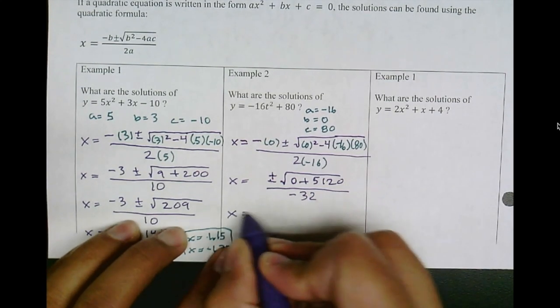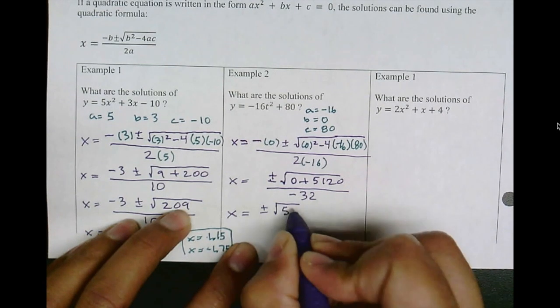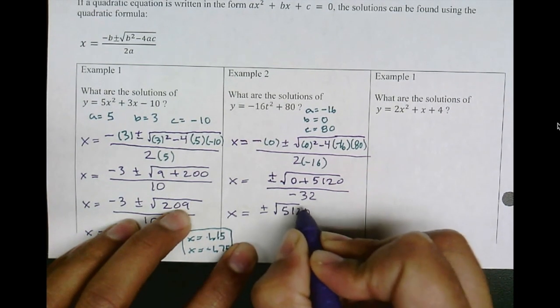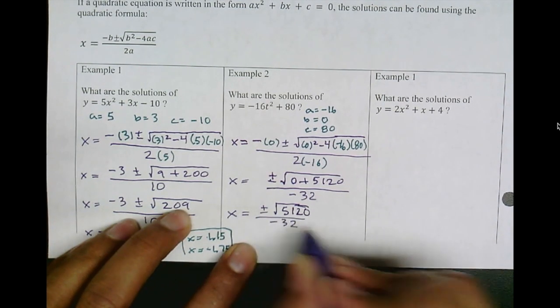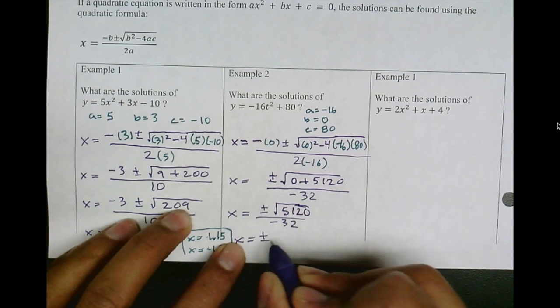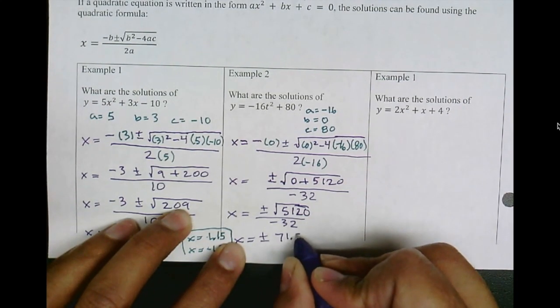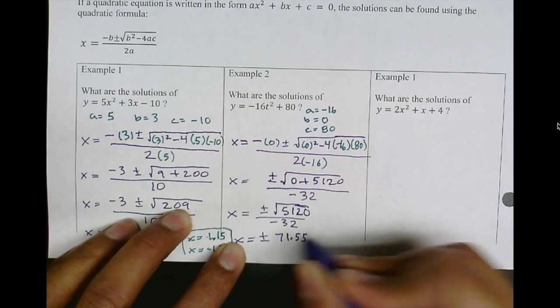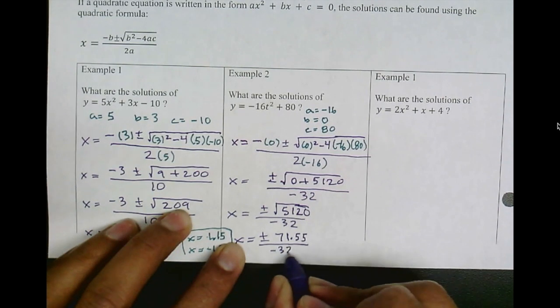Let's continue to simplify. That's plus or minus the square root of 5,120, and that's all over negative 32. So we take the square root of 5,120, and you should get 71.55 once you round that to the nearest hundredth. And that's all divided by negative 32.